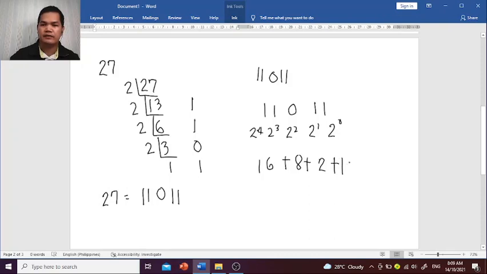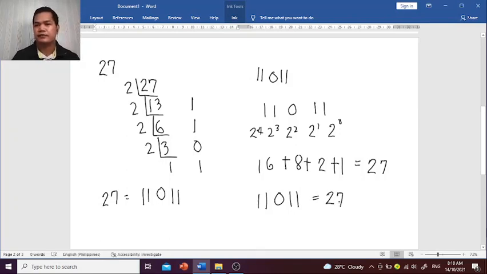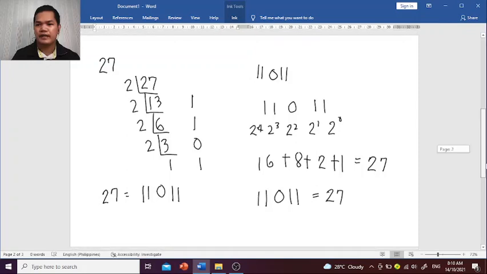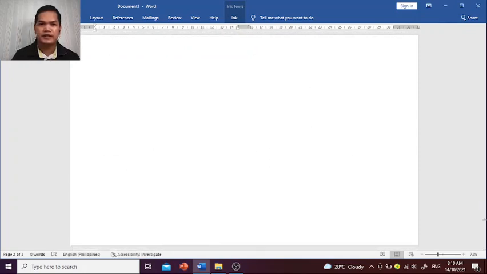So let us check if this is equal to 27. 16 plus 8 is 24, plus 2 that is 26, plus 1 that is 27. So we have 1, 1, 0, 1, 1 is equal to 27.